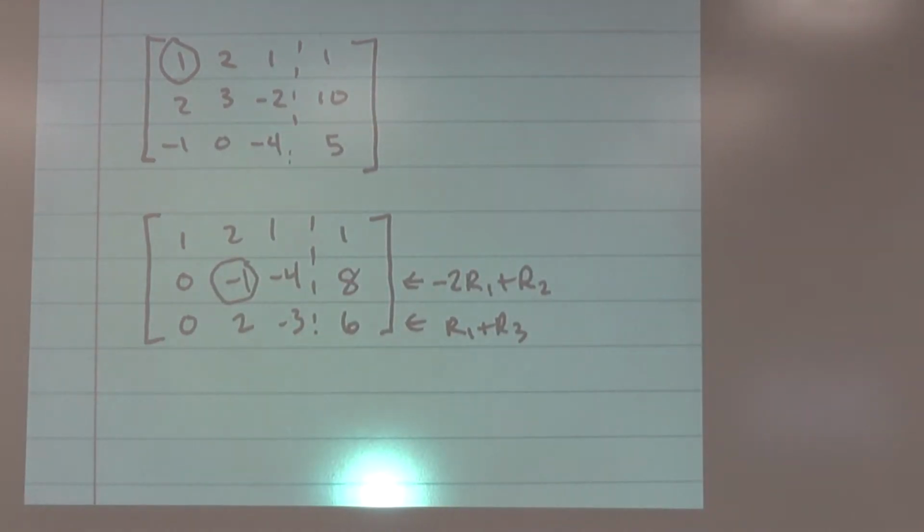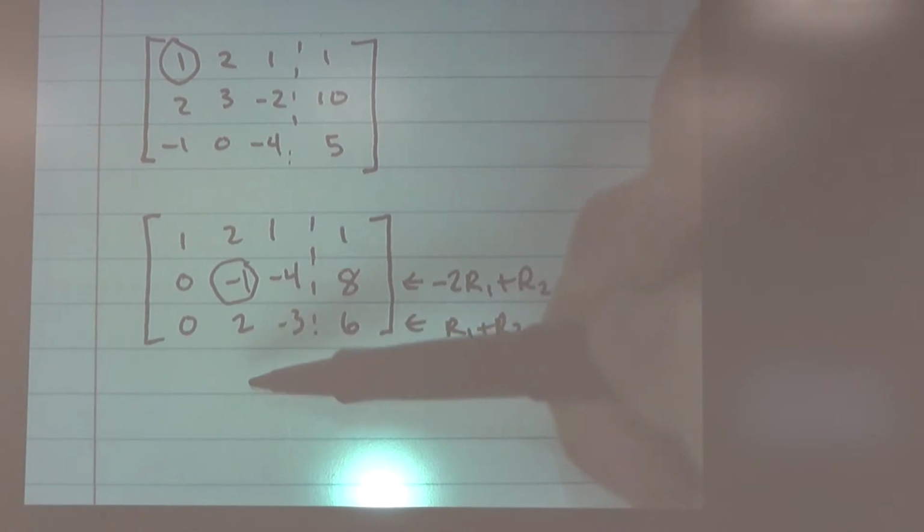Now we're going to move on to column number 2, where the middle one needs to be a 1. It's very close, a -1. So I think I'm going to leave it as is for now, and I could probably change it a little bit later. Let's use the -1 to eliminate the other entries in that column, turn them into zeros.